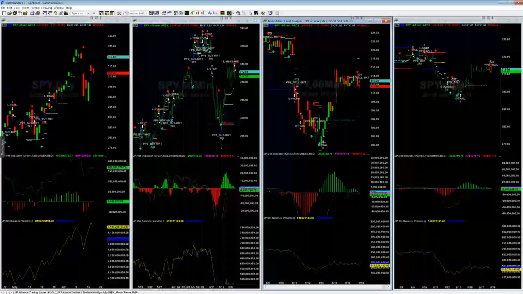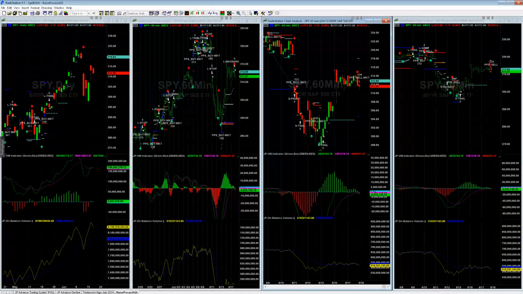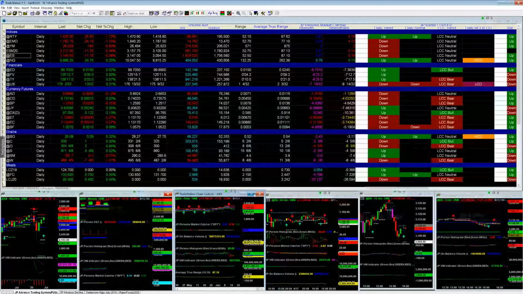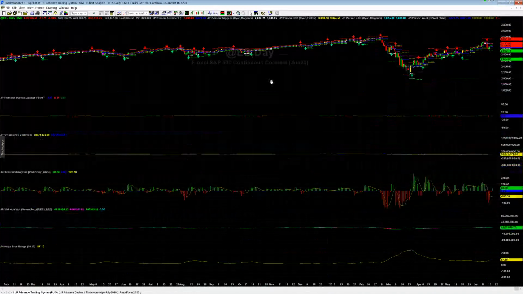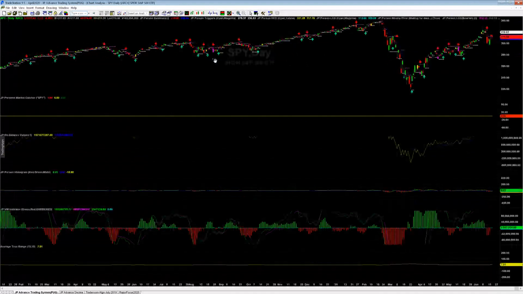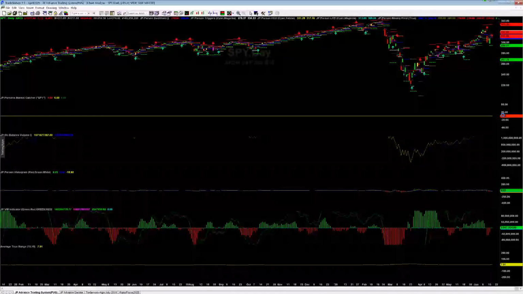This is from Rick, and this is a simple question, and it's not about algo, but it is about PMC. Let's go here to SPY because he wants to know why it is 0.